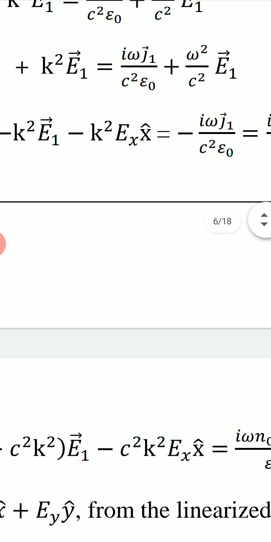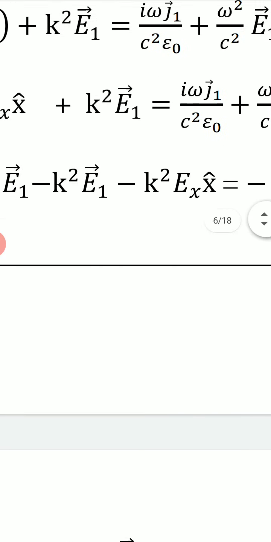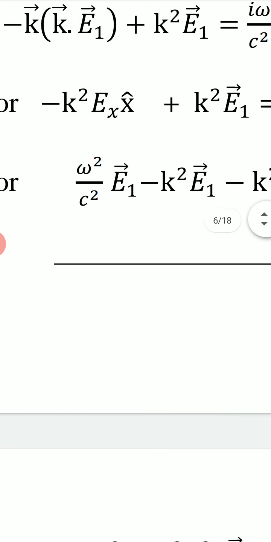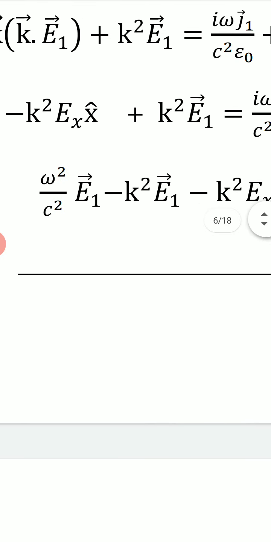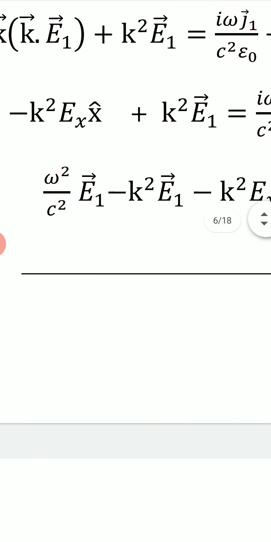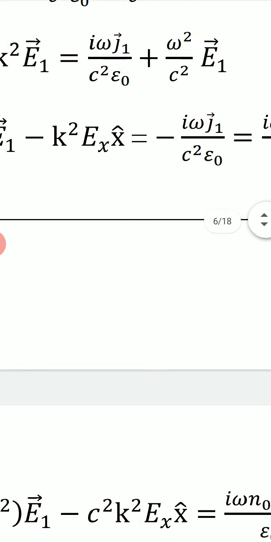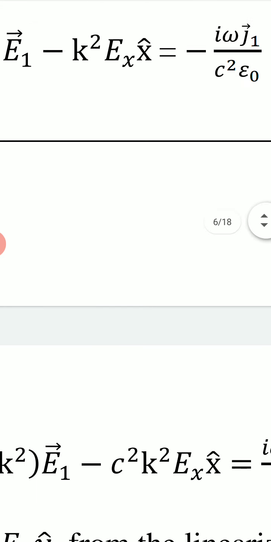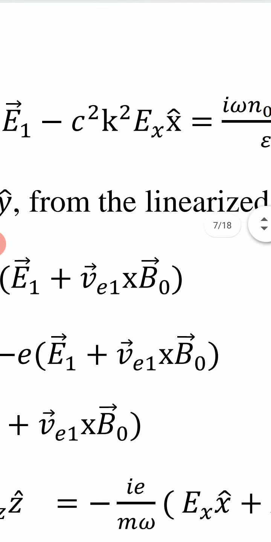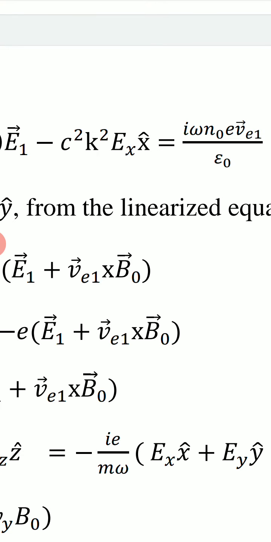Here also we have plus k square ex x cap, because this term minus k square ex x cap is taken to the right hand side, where it becomes plus k square ex x cap. So correct here, it is plus k square ex x cap, and also here it is plus c square k square ex x cap.